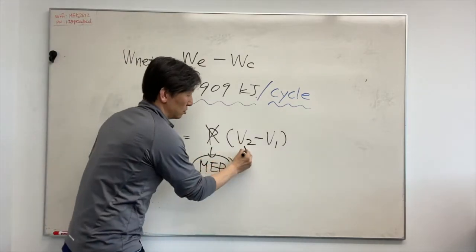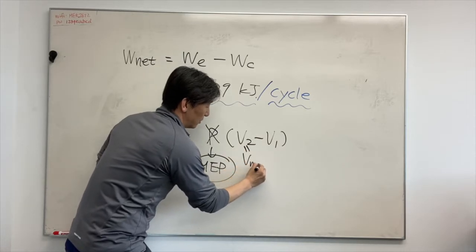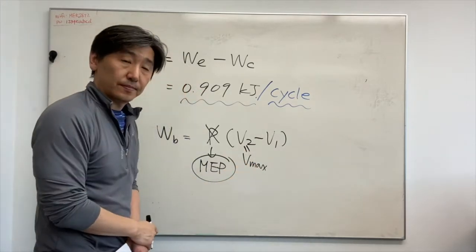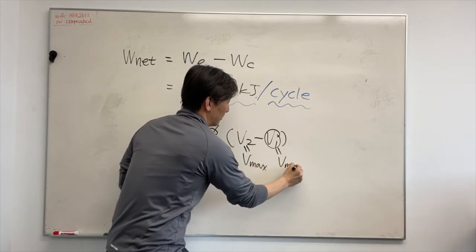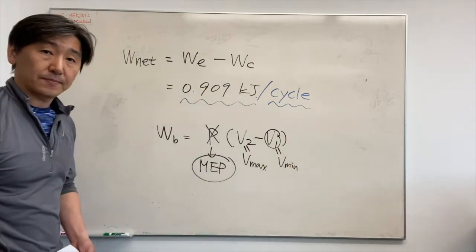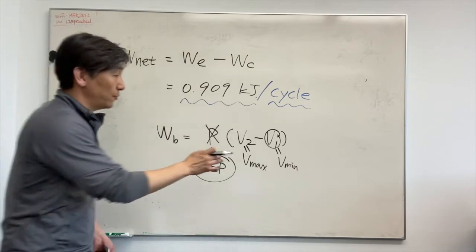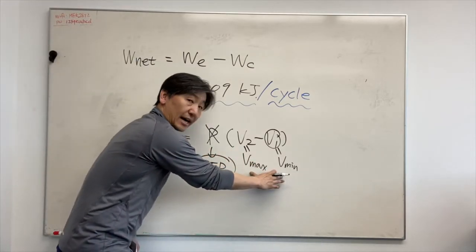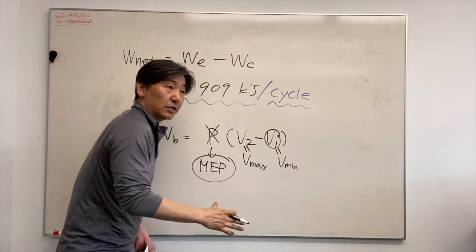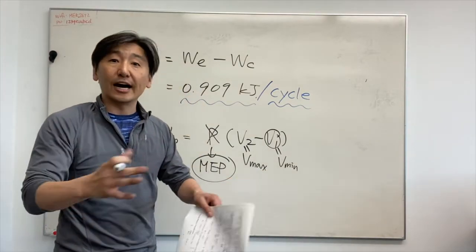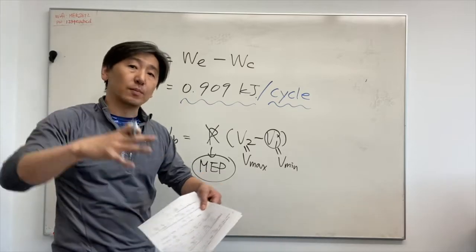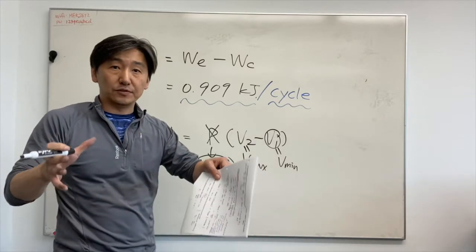So V2 should become maximum volume and V1 should be your minimum volume. So if you are given those design parameters, Vmax and Vmin should be related with your design of the engine, big, small, such as those kinds of geometries.